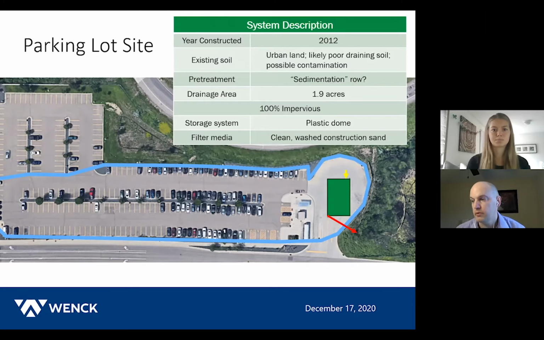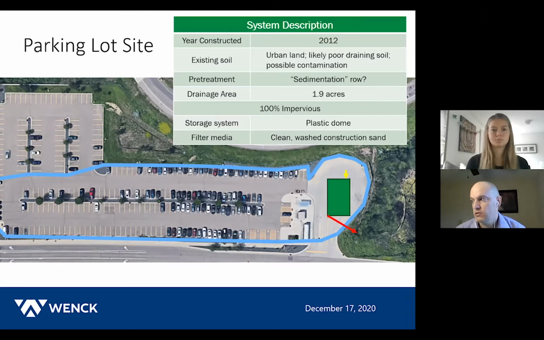The light blue color shows the drainage area to our system. The yellow arrow shows that there's 1 inlet to this system. The green rectangle is our system, and that is a plastic dome. There's a storage rock that surrounds the plastic dome, and then a filtration layer and drain tile below that.